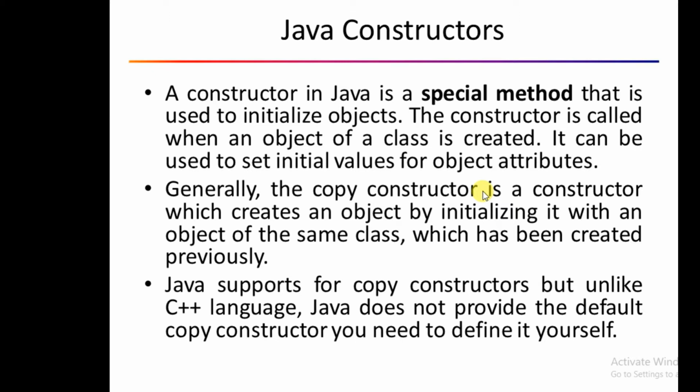We can have different types of constructor like default constructor, parameterized constructor, and we can also create a copy constructor, though copy constructor is not implicitly supported by the Java programming language, unlike C++ language, but we can create a constructor which acts as a copy constructor.